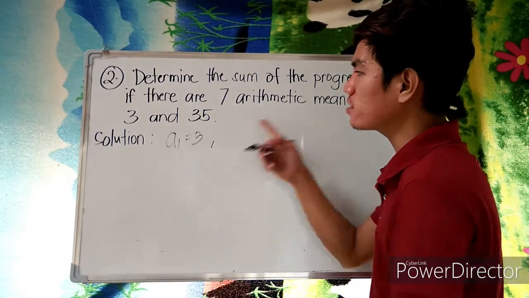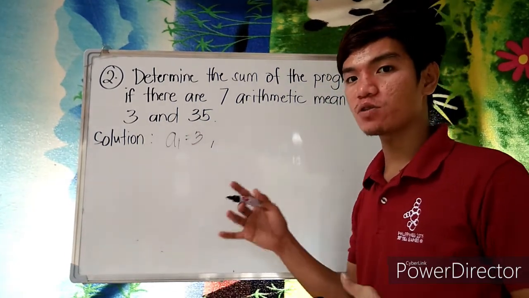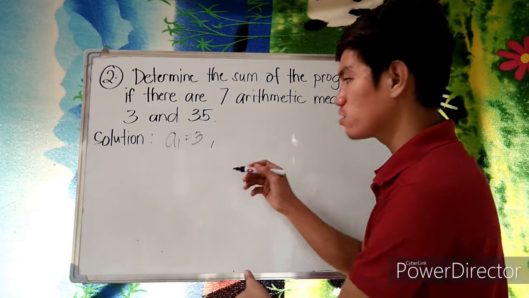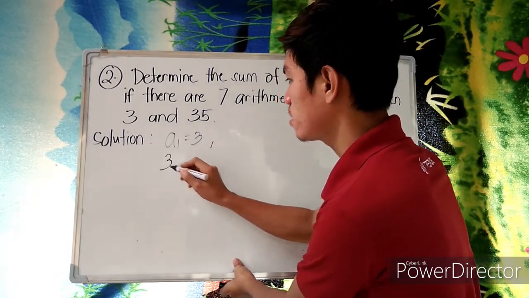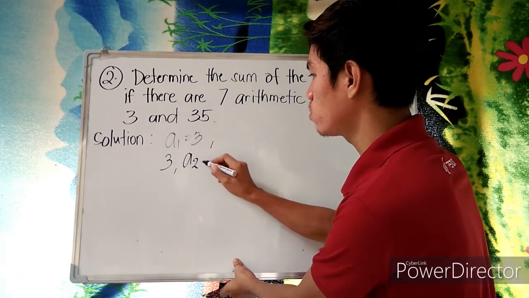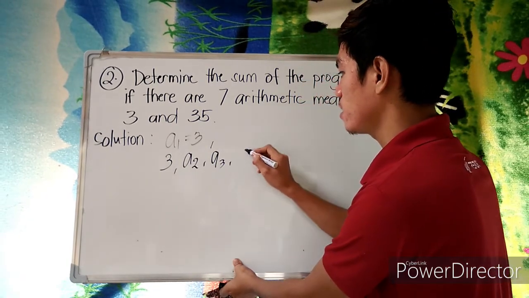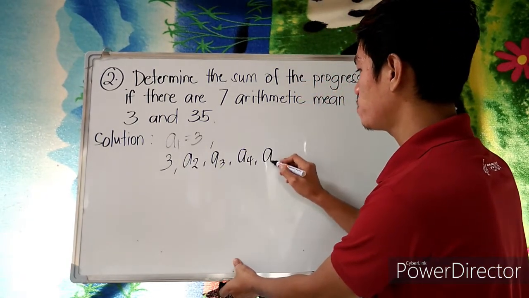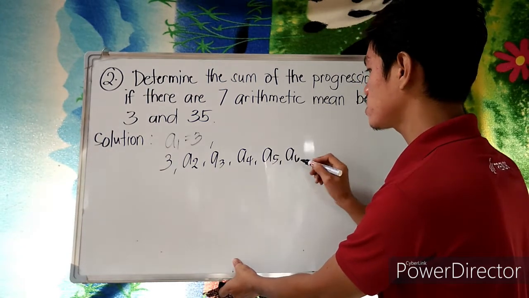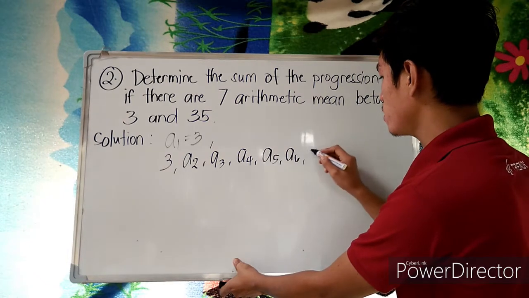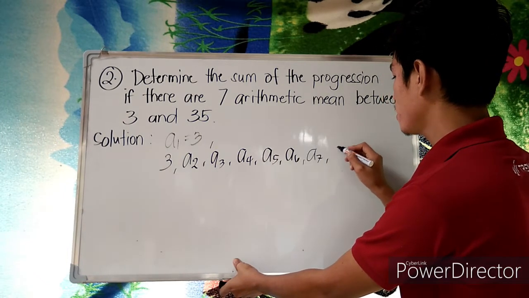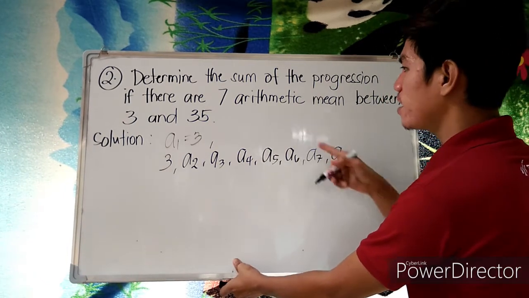Sa pagitan daw nitong 3 and 35 is merong 7 arithmetic means. So we have 3, then a sub 2, a sub 3, a sub 4, a sub 5, a sub 6, a sub 7, a sub 8, and then yung 35.